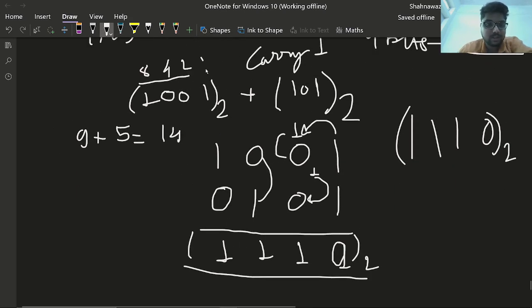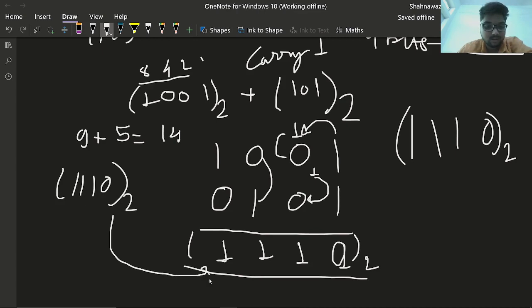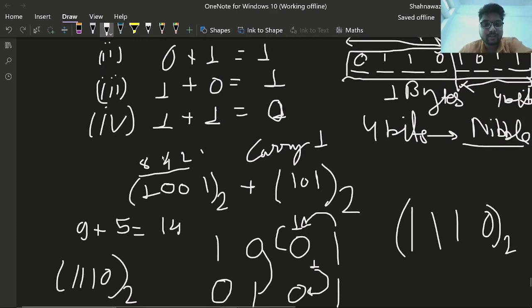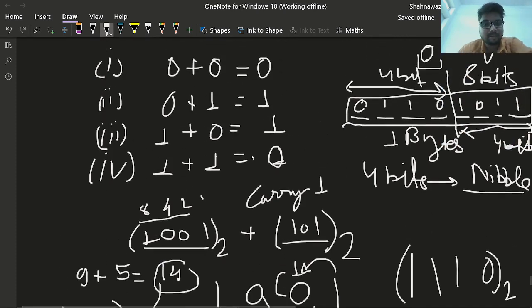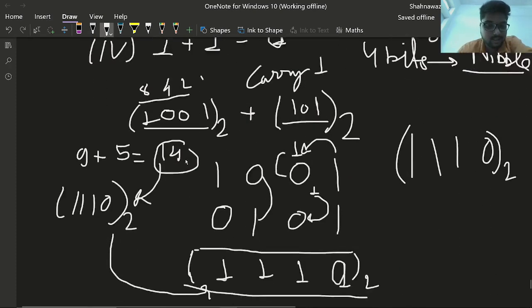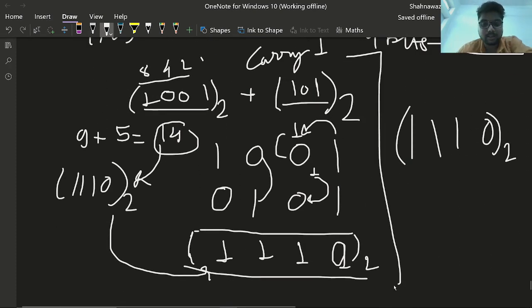Combination of these three and this bit 0. 1, 1, 1 and 0. See, we have got this one. So you can verify easily: when you have to convert these numbers, first convert this into arithmetic, then convert this to arithmetic, then find the sum, and then convert this into binary format. It is easy, but when you have to show your calculations, then you have to follow this method.